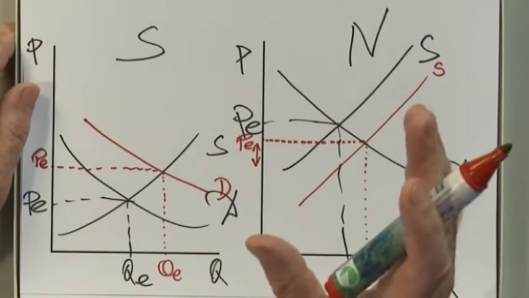So we've now seen what the effect of arbitrage is on the market for apples in both the north and the south. The effect is to reduce the price differential. So now, the price of apples in the south is higher and the price of apples in the north is lower. But there is still a price difference, a price differential.